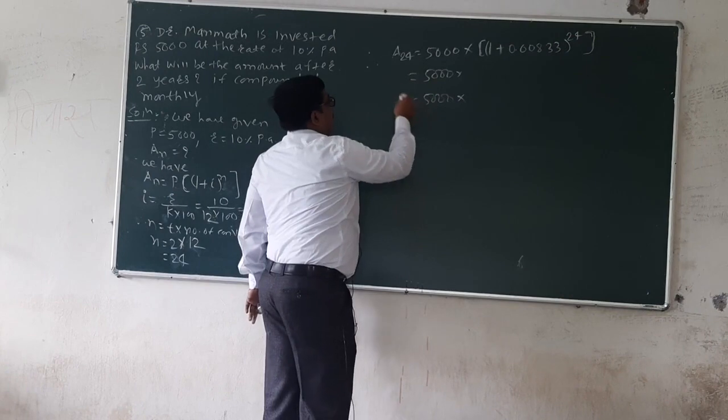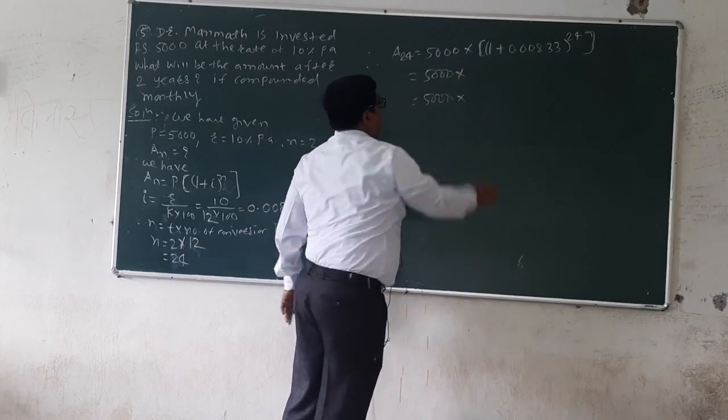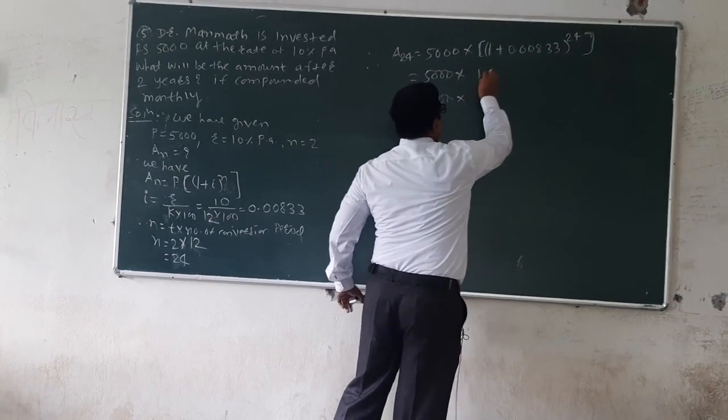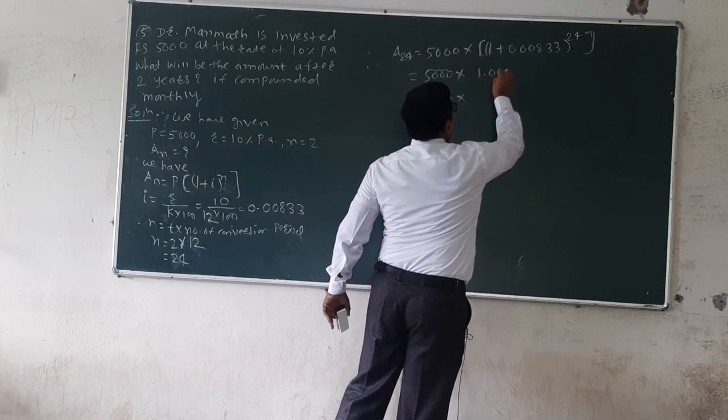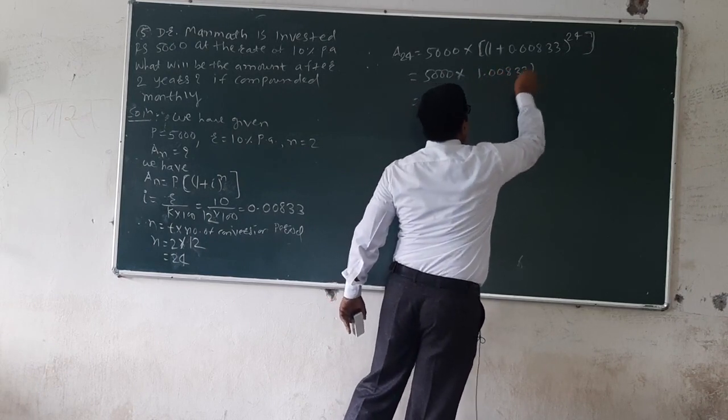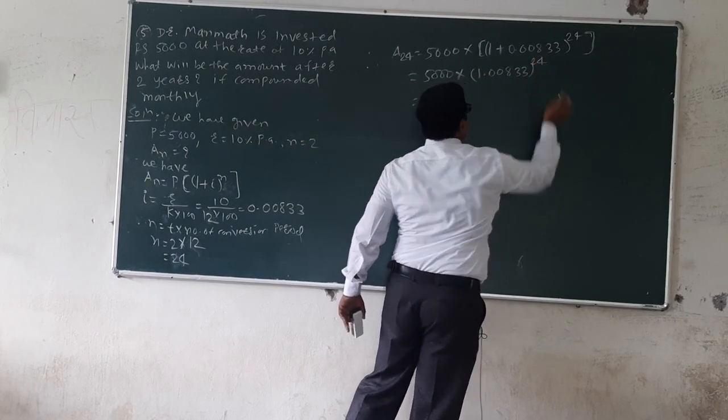So 5000 into 1.00833 raised to power 24.